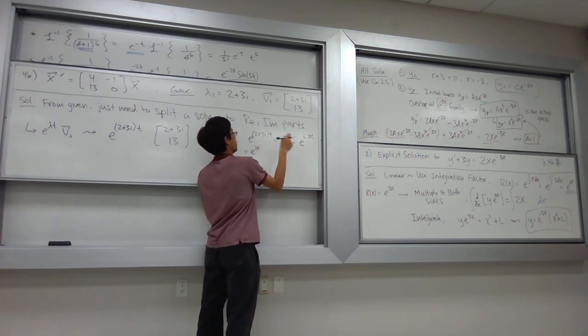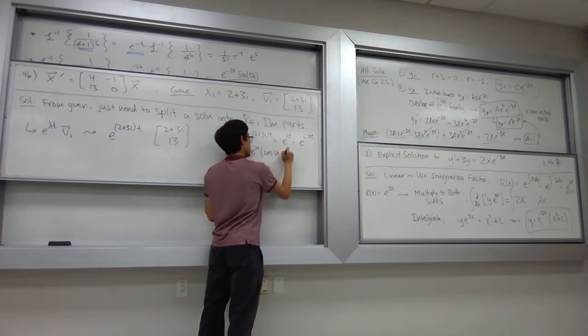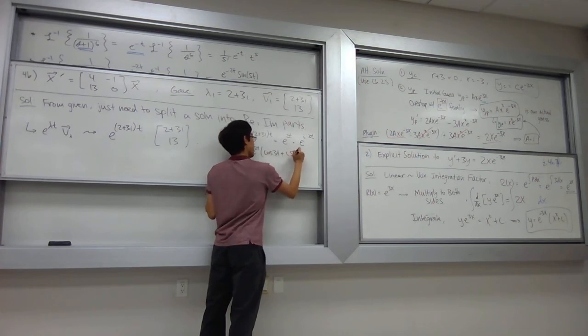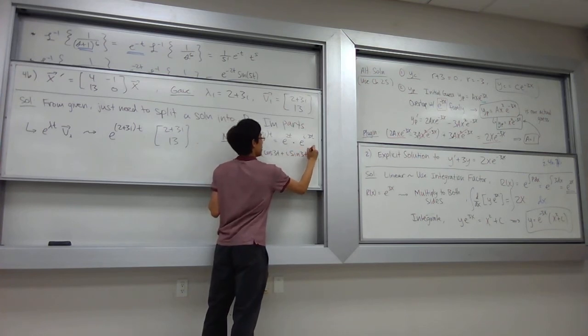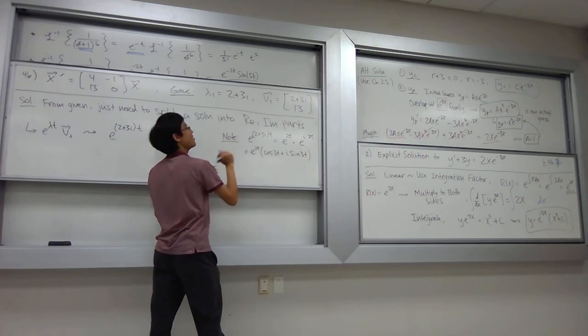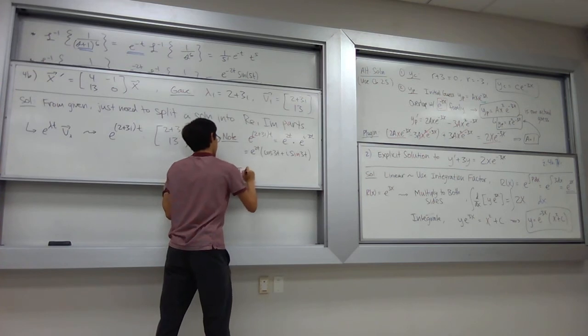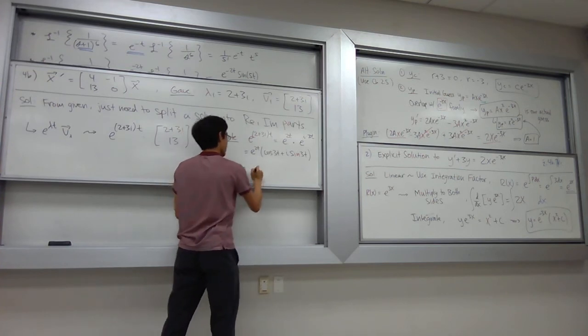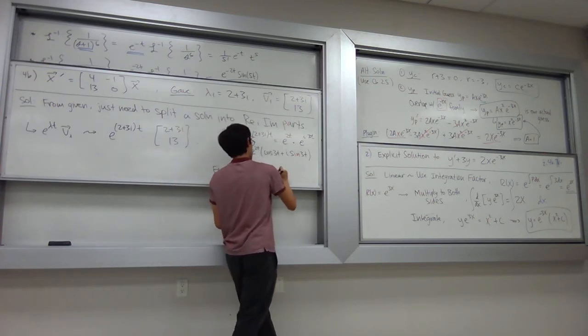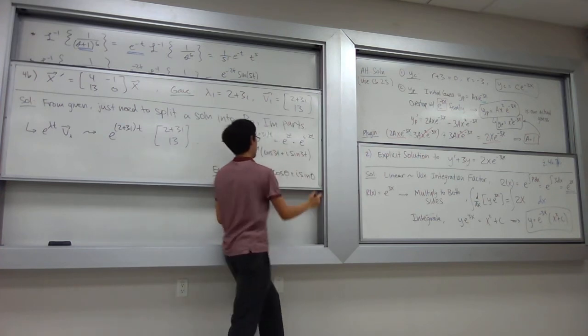And then, what does that equal using an identity? Cosine 3t plus i sine 3t. The general theorem is Euler's identity. Just to recall it, e to the i theta is cosine of theta plus i sine of theta.